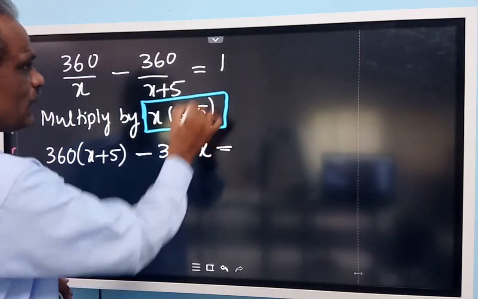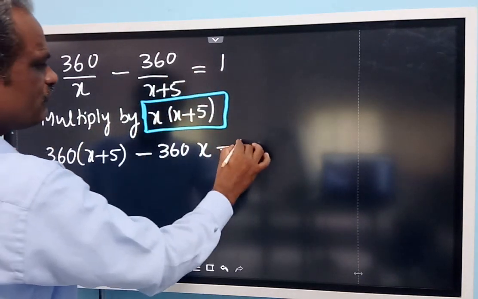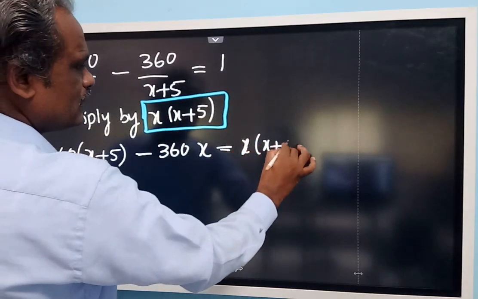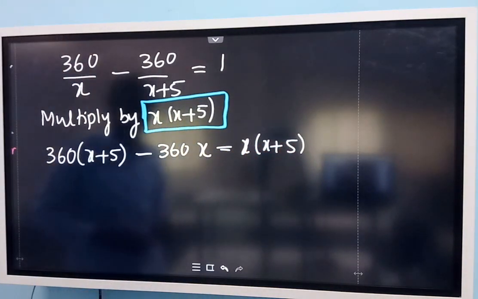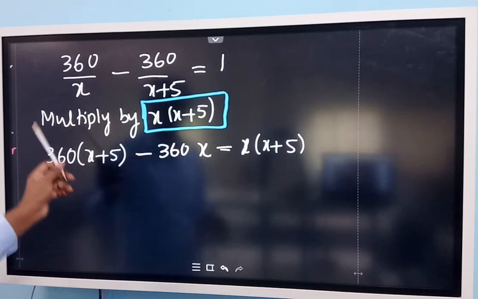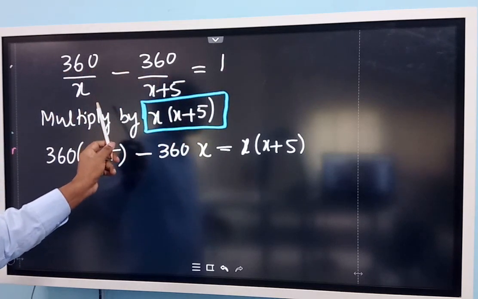So now you multiply this one to the 1. So same thing will come, x into x plus 5. So you have multiplied x into x plus 5 to all the three terms of this equation.